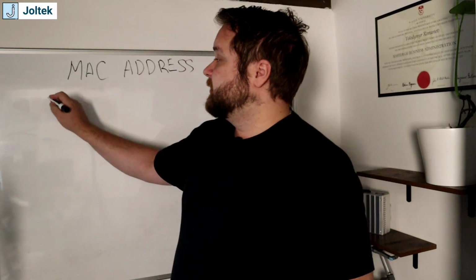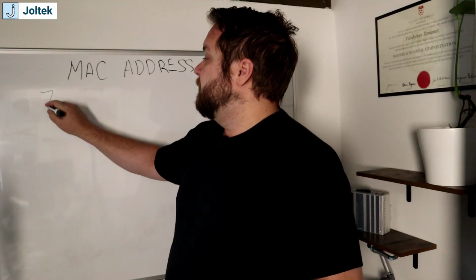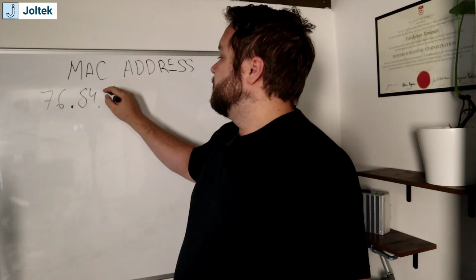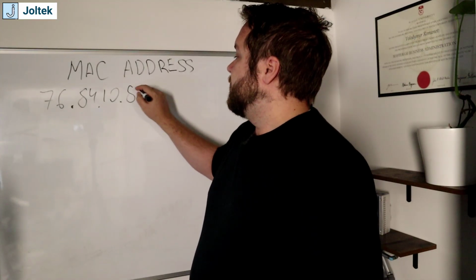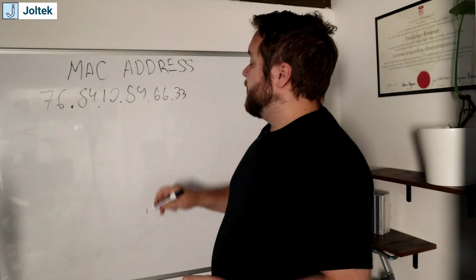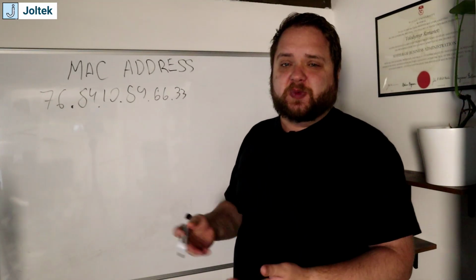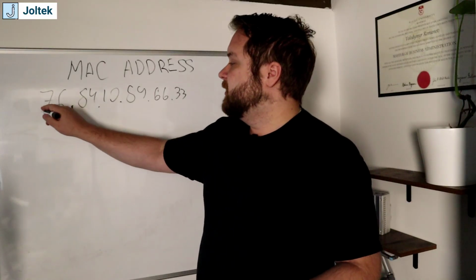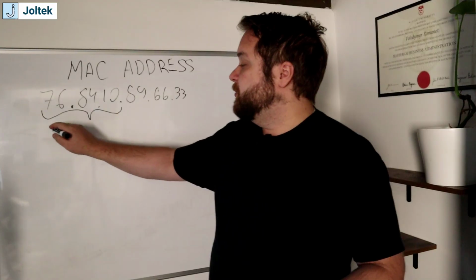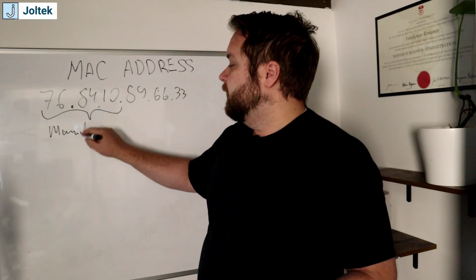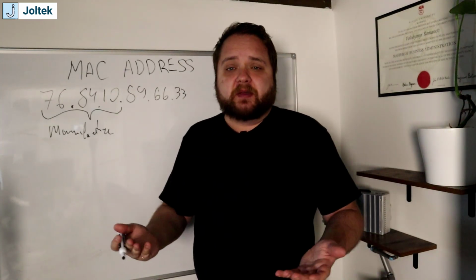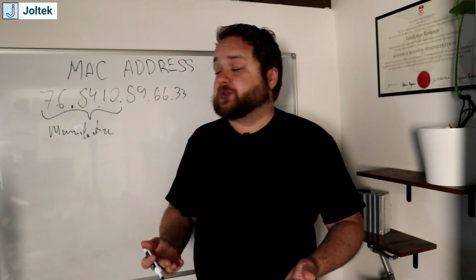Here's an example of a MAC address: 76.84.10.89.66.33. There's some theory as to how these are assigned. Usually the first 3 octets are based on the manufacturer, and the last 3 are assigned by the manufacturer, essentially at random to some extent.